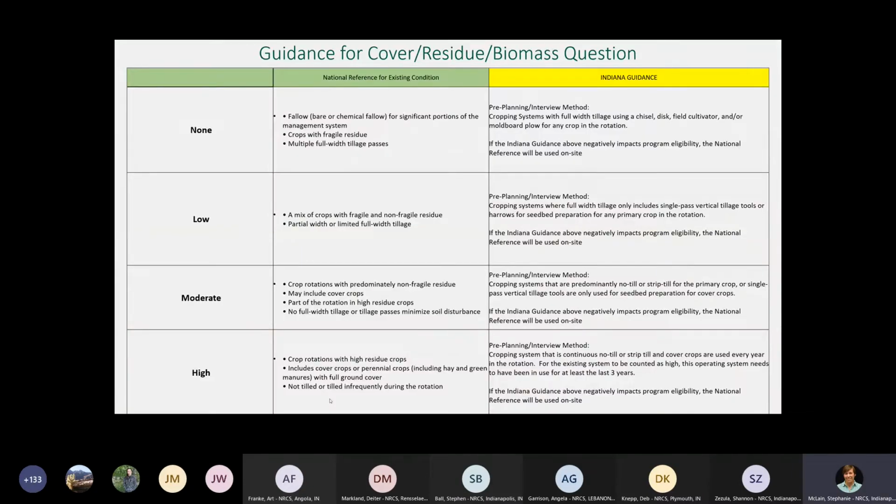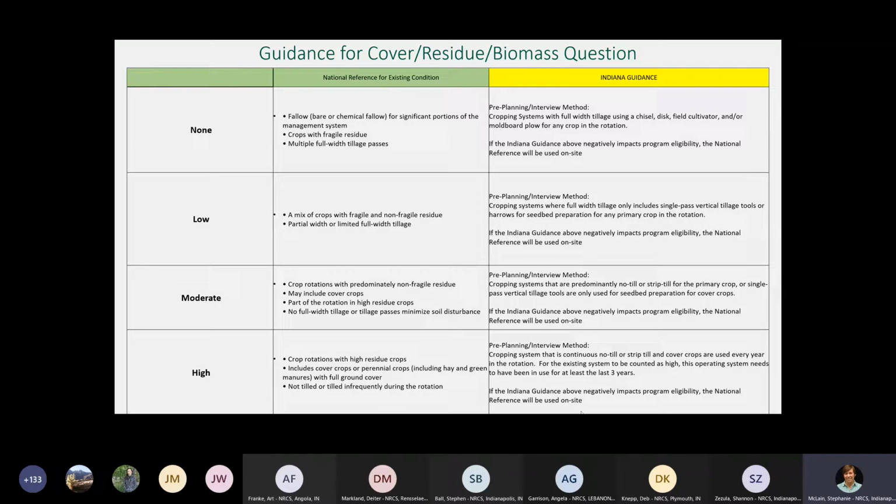So here's a clip screen from the Indiana guidance, that spreadsheet or tool that we use for that inventory process, which has our national reference for the existing condition and the Indiana guidance to the right of it. Again, this is for that cover residue biomass question.